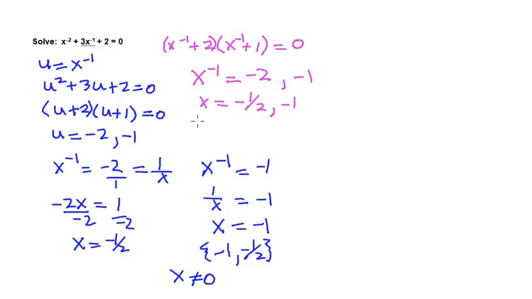And taking this reciprocal, we end up with the same solutions as before, that x is either equal to -1/2 or -1. If you are able to do this without explicitly writing u, you can see that it's going to save you a little bit of work, and so I'd say go for it if it's practical.